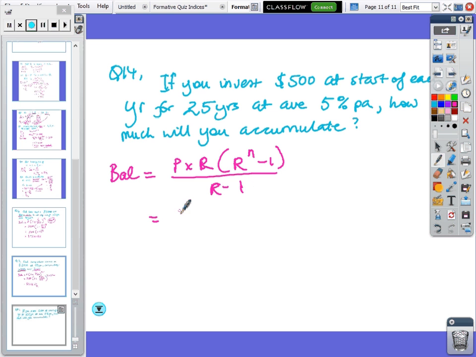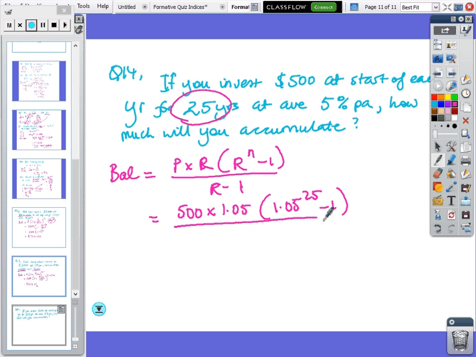So we've got $500 times 1.05 to the power of 25, minus 1, over 0.05.